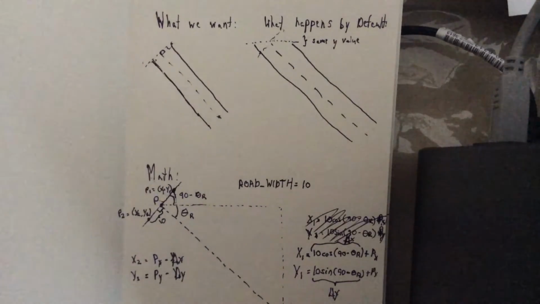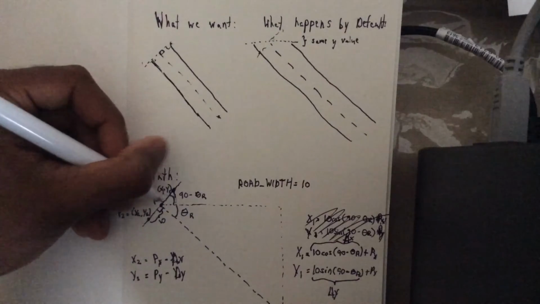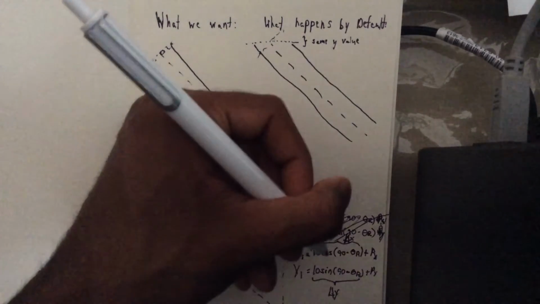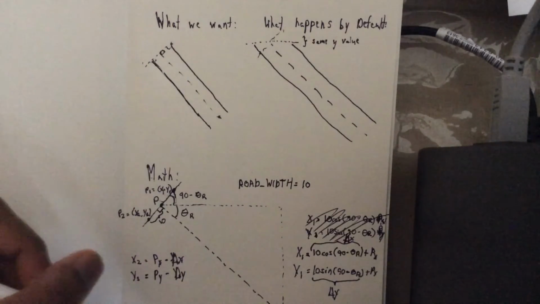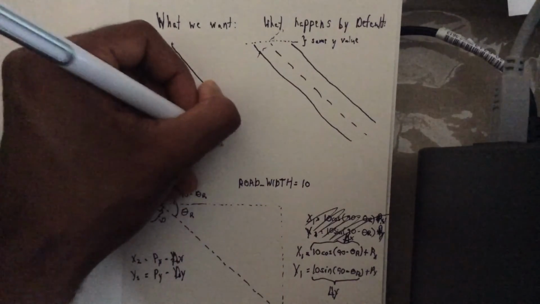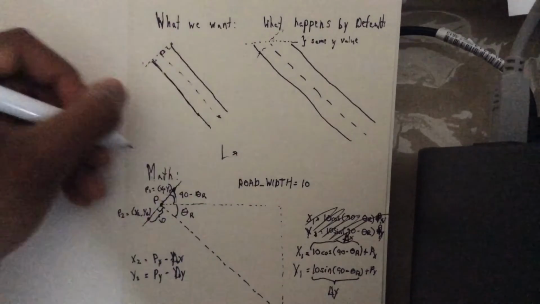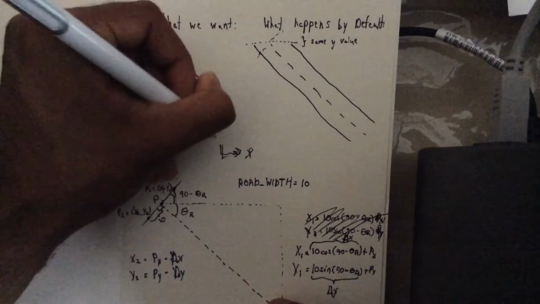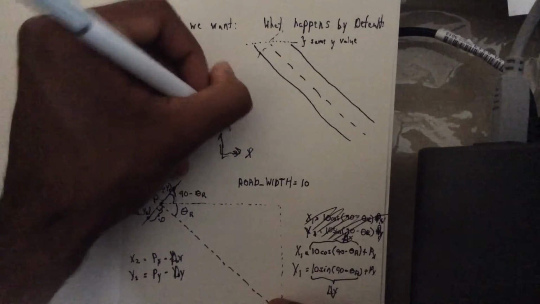The logic in the code is a little different, and that's because when we do these calculations, the addition and subtraction here, we're assuming x is to the right and y is up.